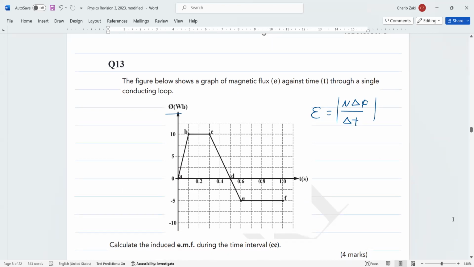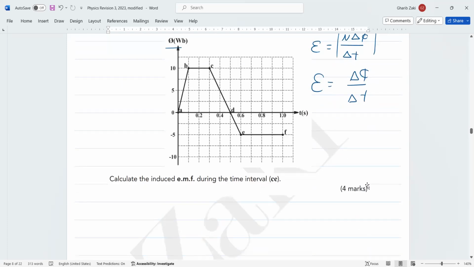N equals 1, because it said a single coil. So E equals delta phi by delta T. Delta phi means final minus initial.